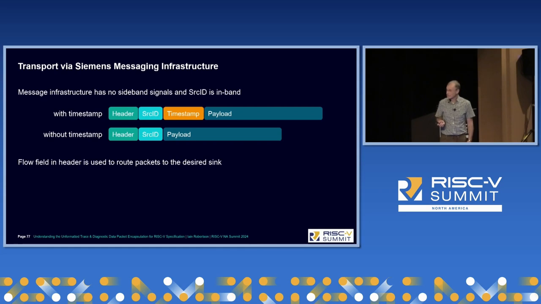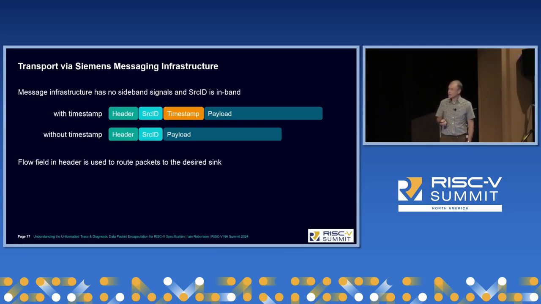And in this case, the flow field is used to route packets, so you can have multiple different trace syncs active in the system. You might be sending some things to an external interface. Other things might be going to an on-chip RAM, and they could be transported over the same infrastructure. And so that allows you to do that.